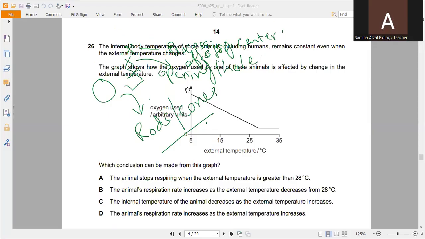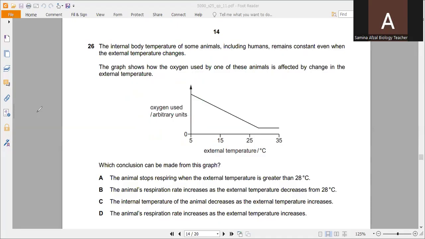Question number 26 is there. The internal body temperature of some animals, including humans, remains constant even when the external temperature changes, because they are warm-blooded. The graph shows how the oxygen used by one of these animals is affected by change in the external temperature.